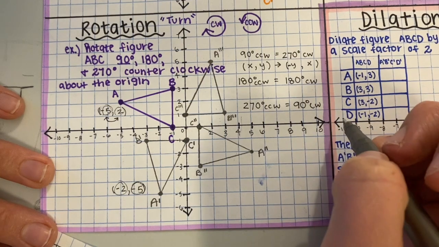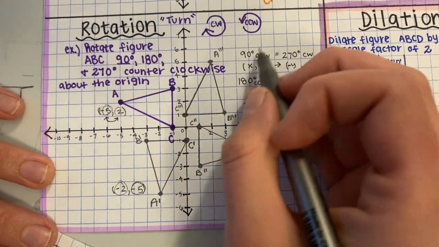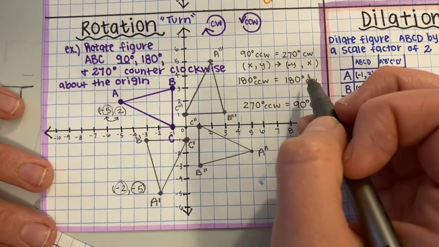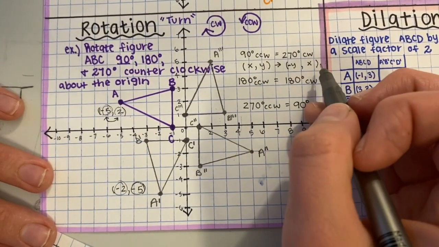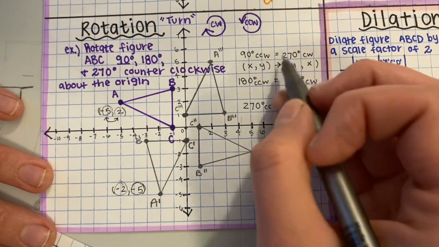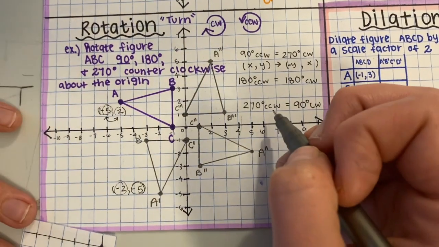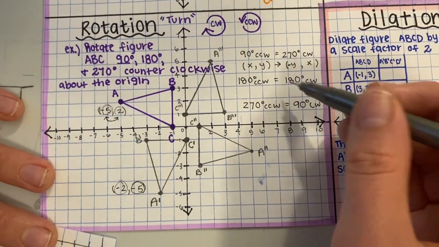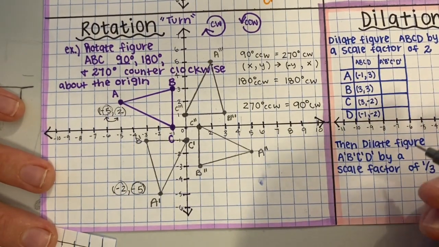Again, if this seems super confusing, you do not have to use it. They can just give it to you in the algebraic form, which is, unfortunately, just a lot of memorization of letters. So I'm going to fill in the other ones real quick.